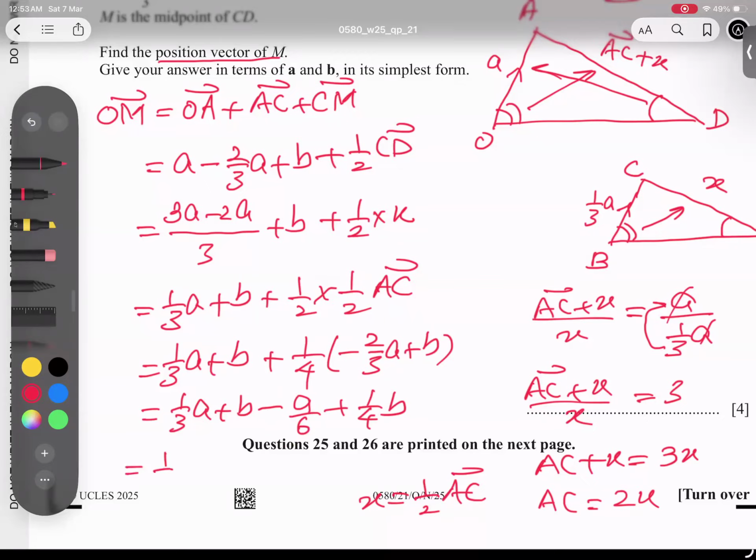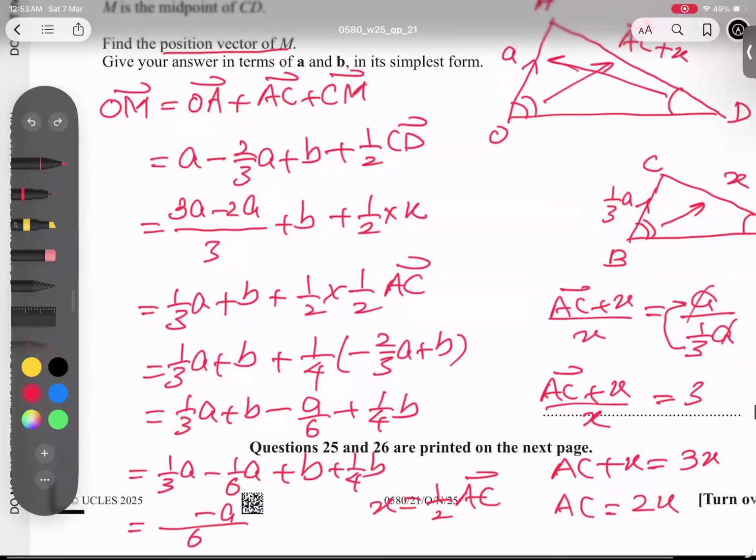So 1 over 3a negative 1 over 6a, and two b's are there, so b plus 1 over 4b. I'm writing here LCM 6, so minus a, but 6, 3 not matches, so 3 twos are 2a. I got a 2a. And what about this? LCM is 4. 4 multiplied 4b plus b, and I got a 5b.